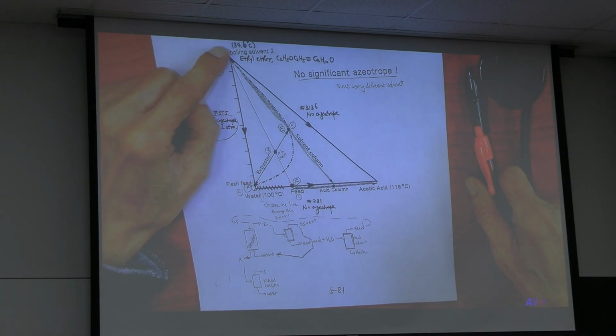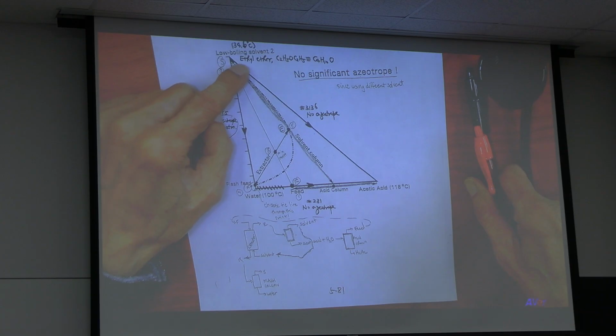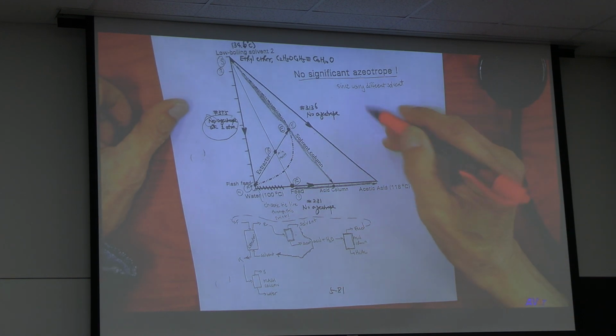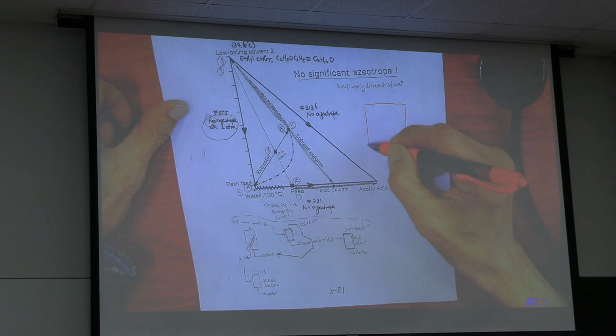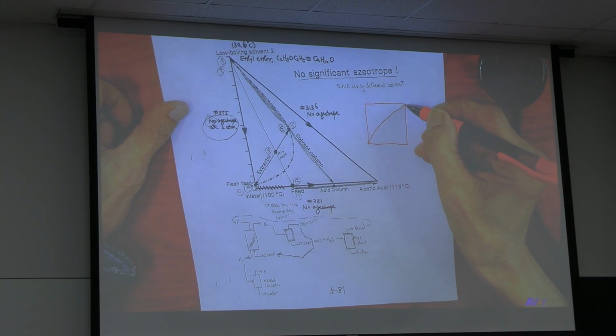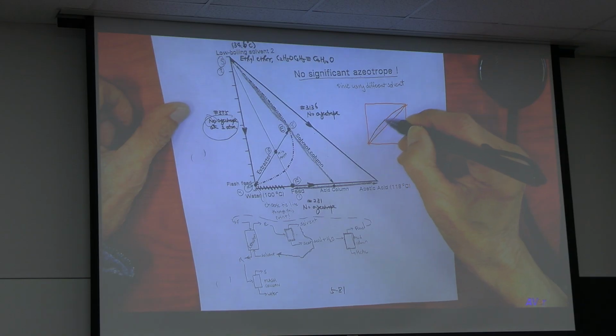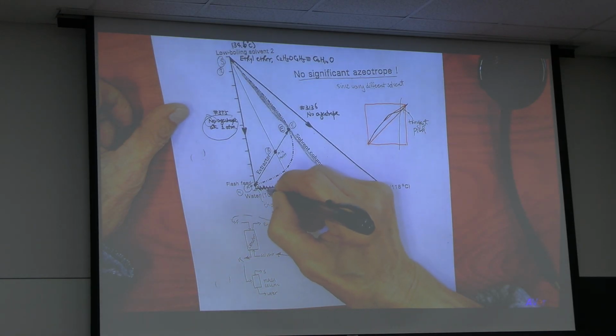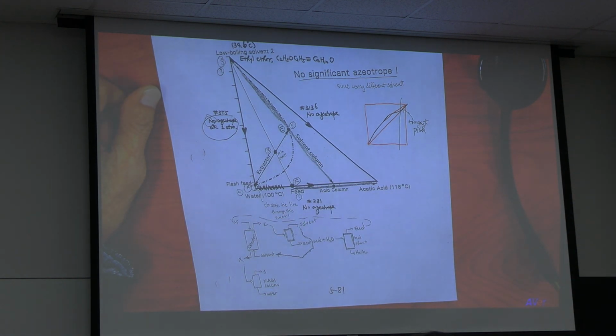Low boiling solvent, 34.6. Added ether. No significant azeotrope. This is the tangent pinch.